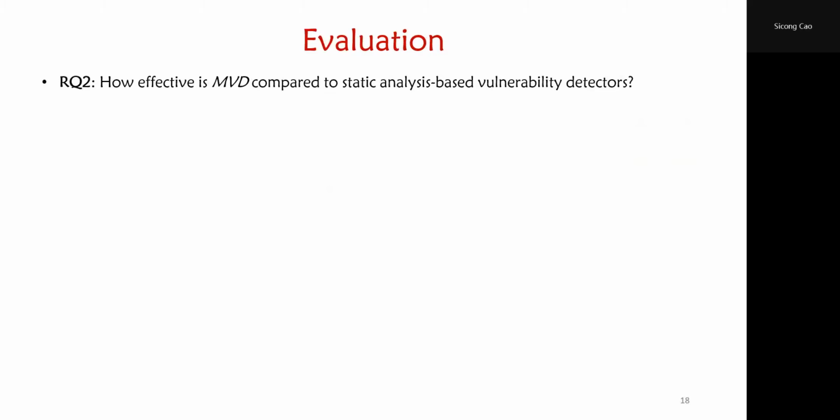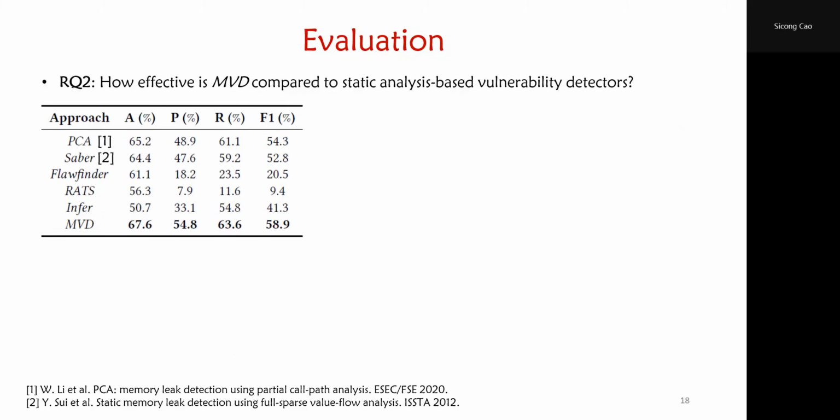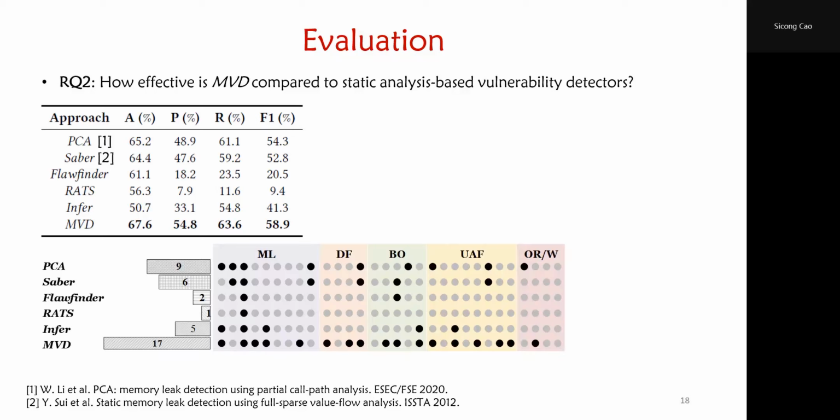This is RQ2. This table shows the experimental results of MVD and the static analysis-based techniques. Overall, MVD outperforms all baselines. Further, we also performed a small case study on 30 vulnerabilities randomly selected from our dataset.